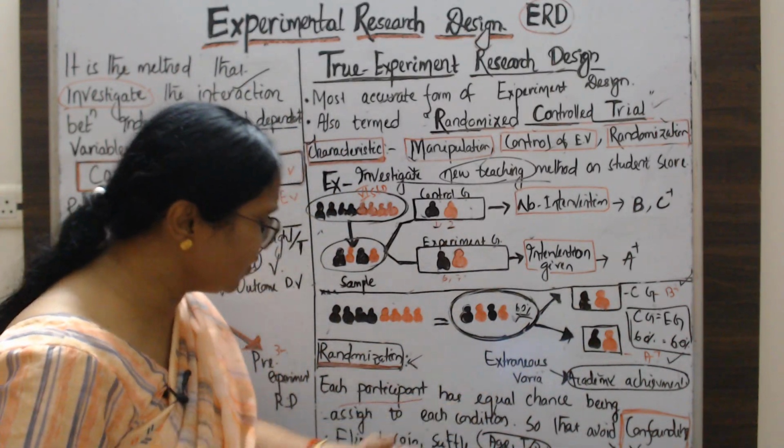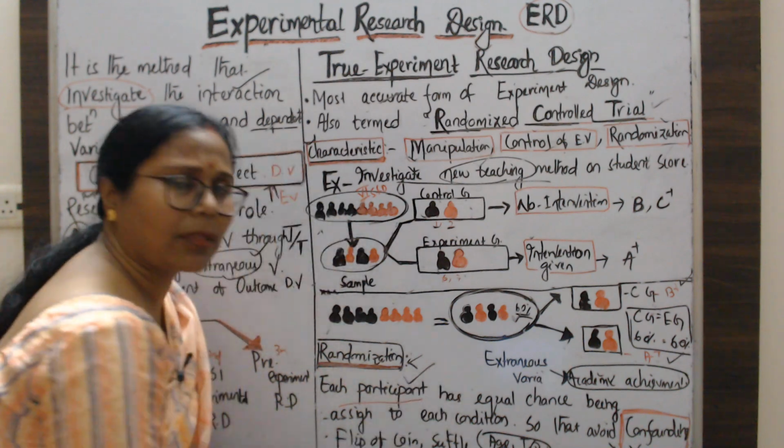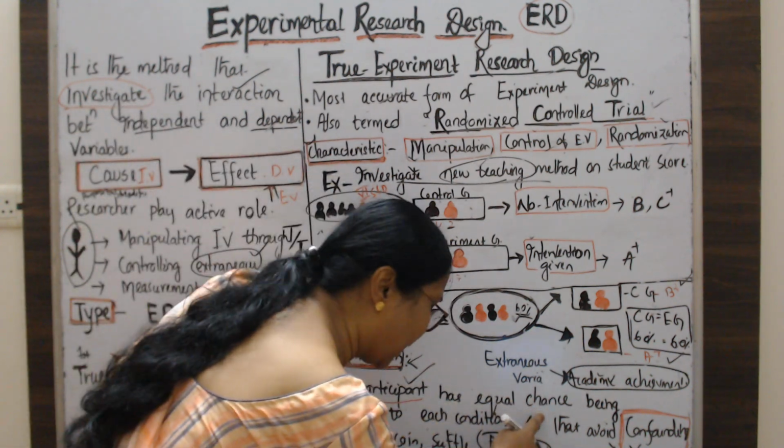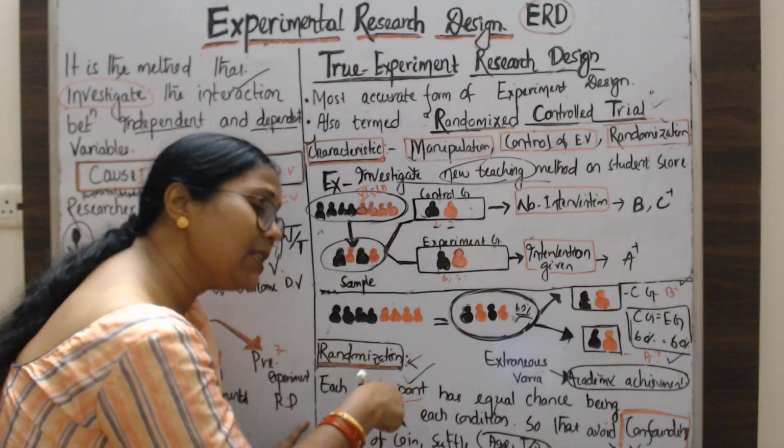So randomization means each participant, here the student, has an equal chance of being assigned to each condition.